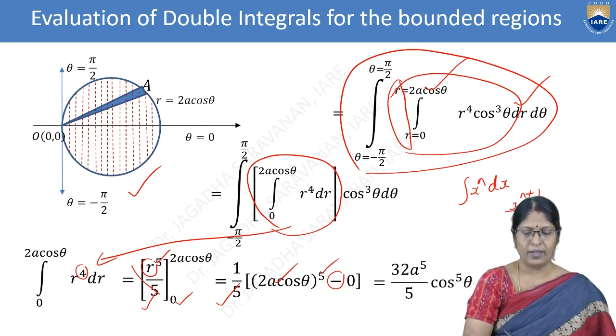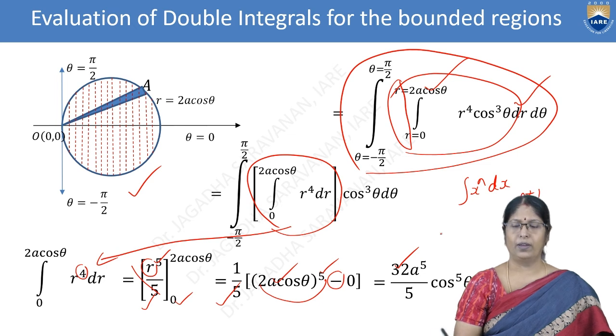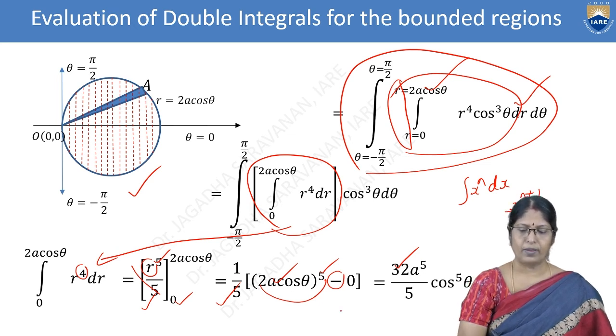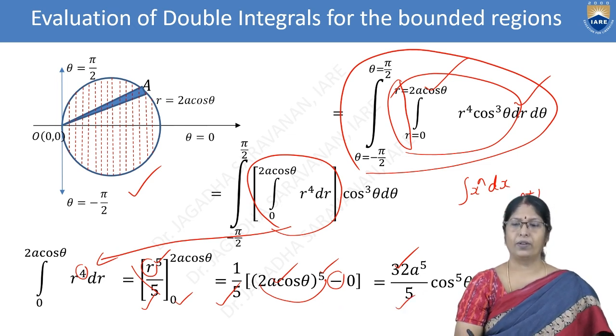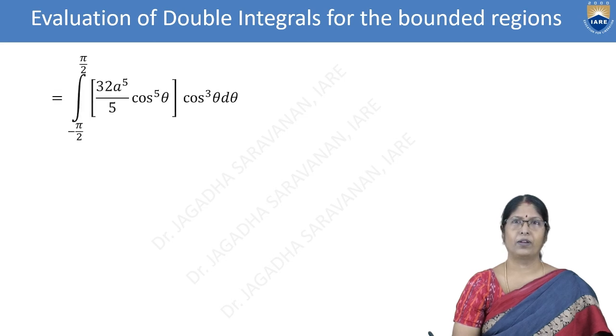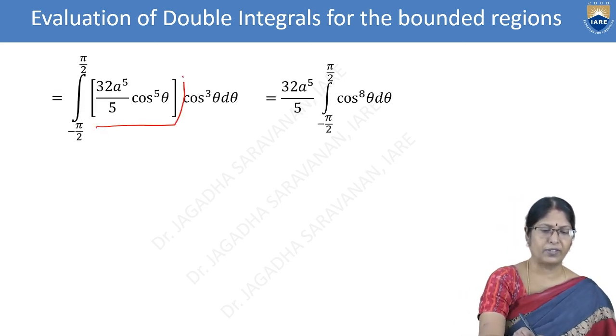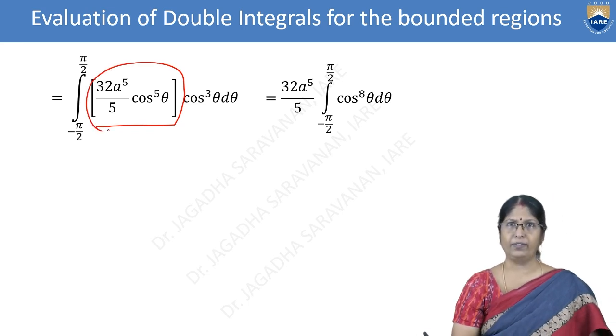So we got 2 power 5, which is 32 a power 5 by 5, cos theta the whole power 5 is cos power 5 theta. So the interior integration is completed, and we substitute it in the particular place.